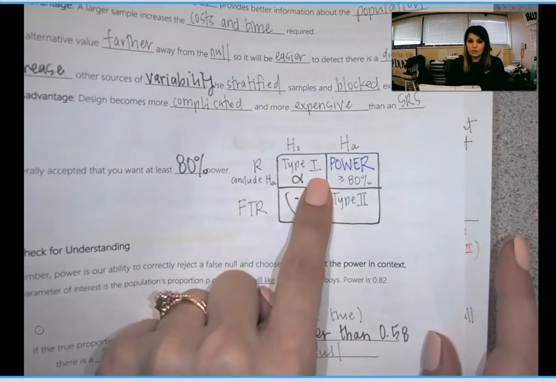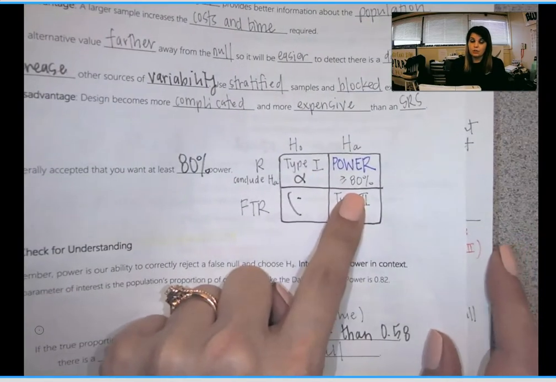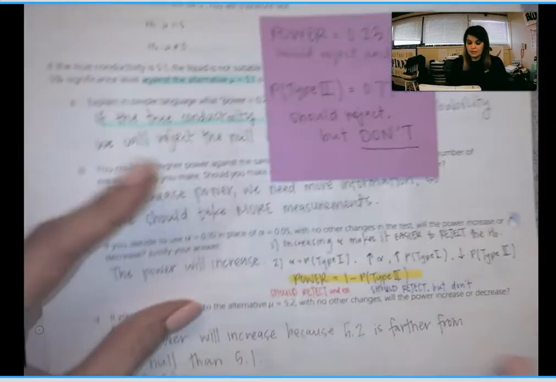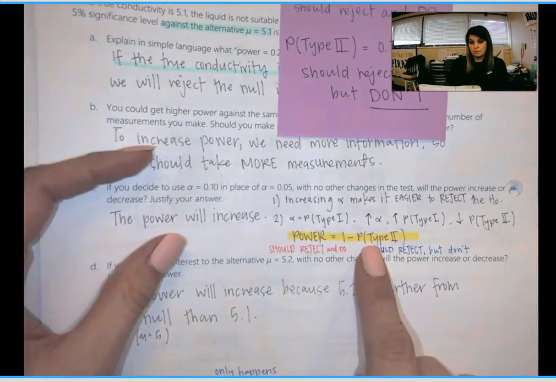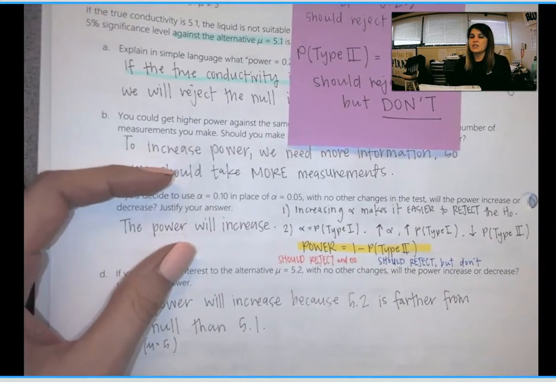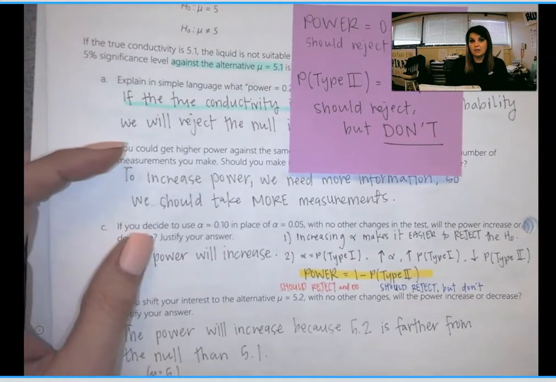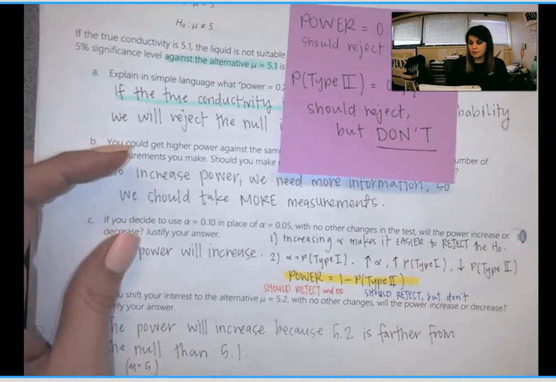Understand what a type 1 error and a type 2 error are, and know this relationship. If you have all those things from the power and errors lessons, I think that you'll be okay. So that is my advice.